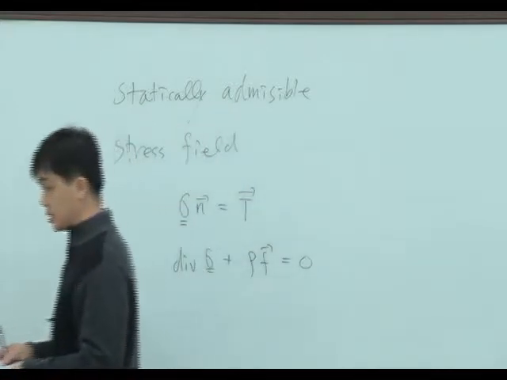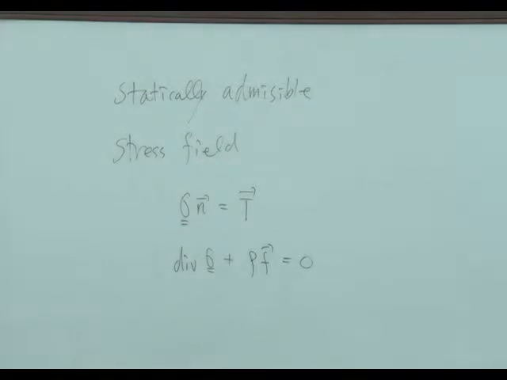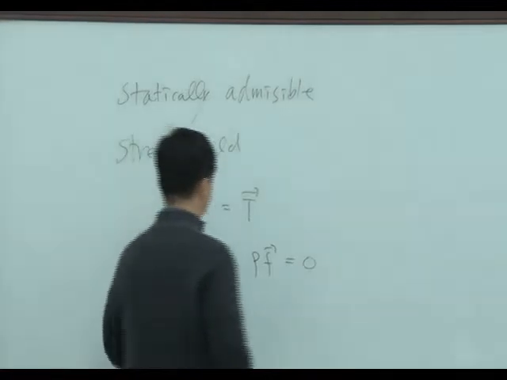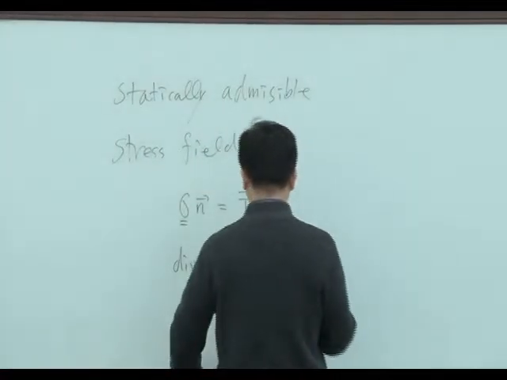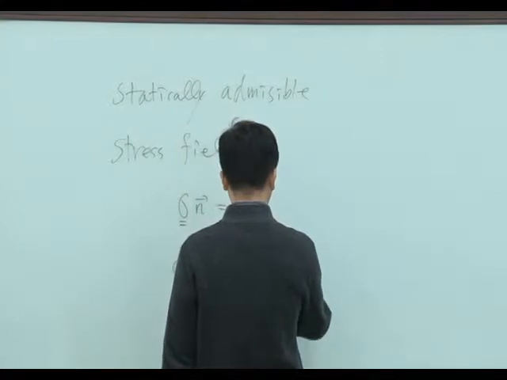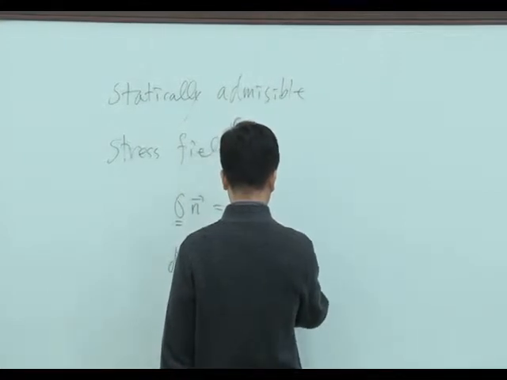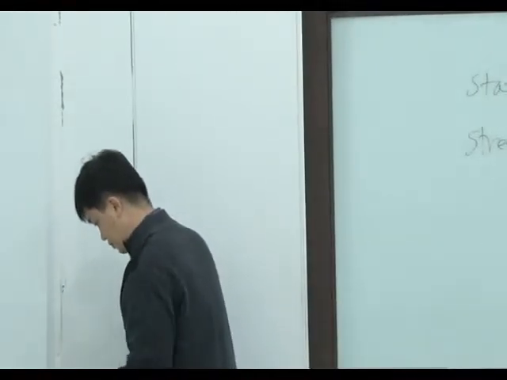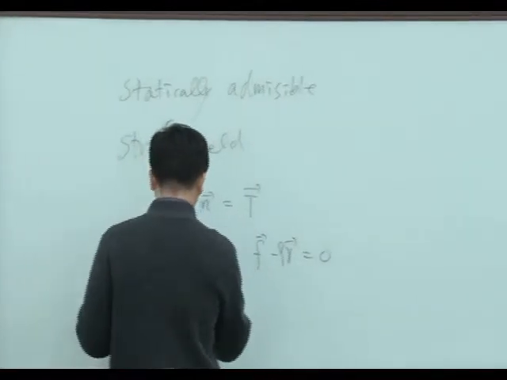So let me see. Divergence of sigma plus rho F minus rho gamma equals 0. And stress should be symmetric.